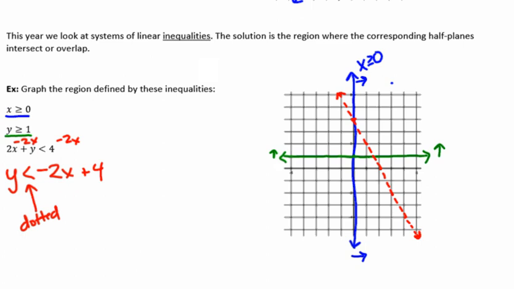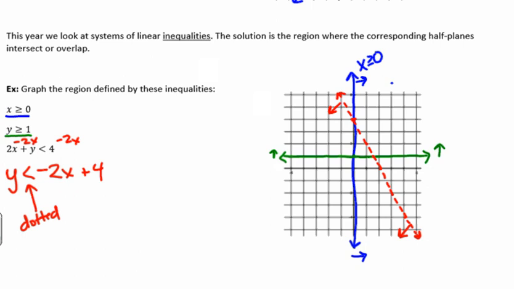And it's saying y is less than. So I know that I want to be shading underneath of it. If y values are going to be less, I want to be underneath my graph. So what area is to the right of the blue line, above the green line, and underneath this red line?